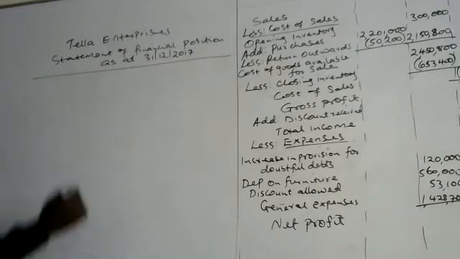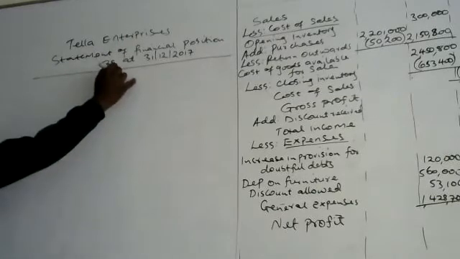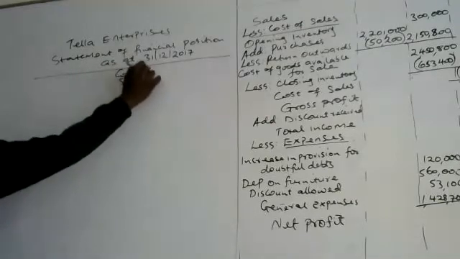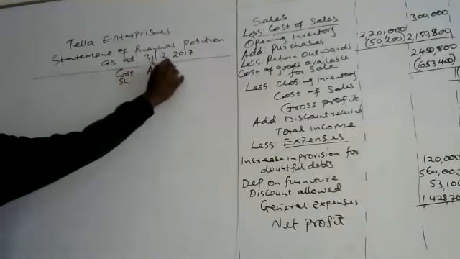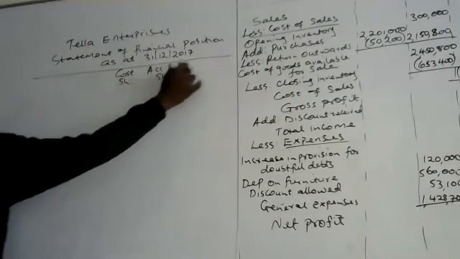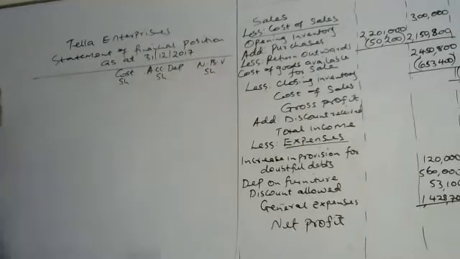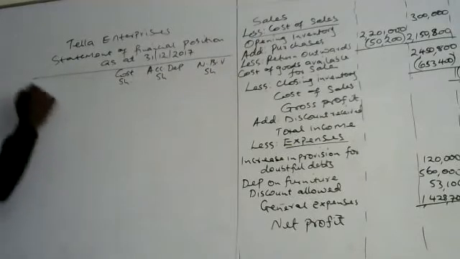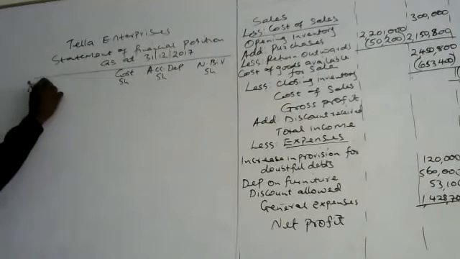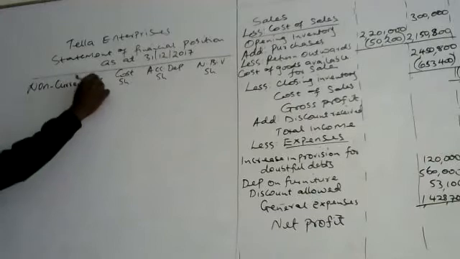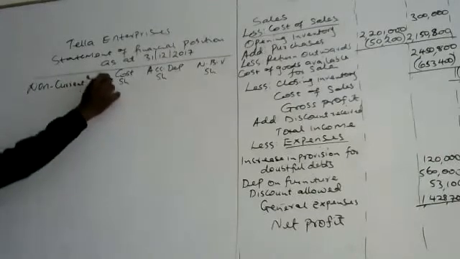So we need a column to record the cost of the non-current assets, accumulated depreciation, net book value. We need those three for the non-current assets.